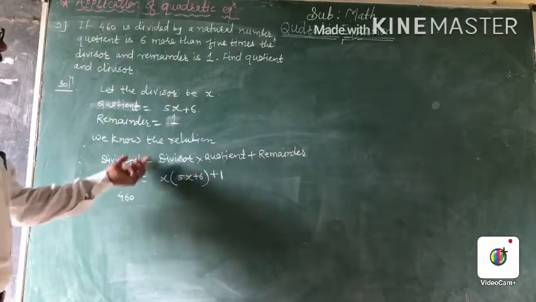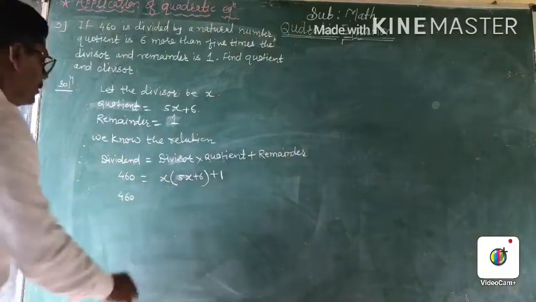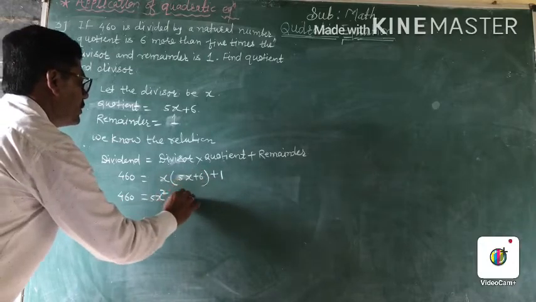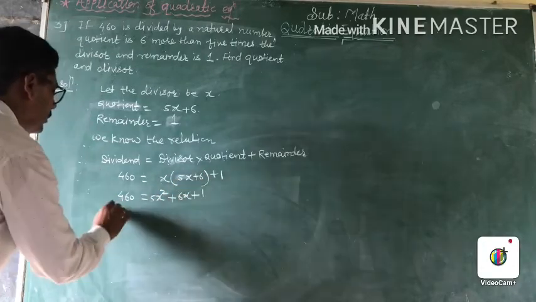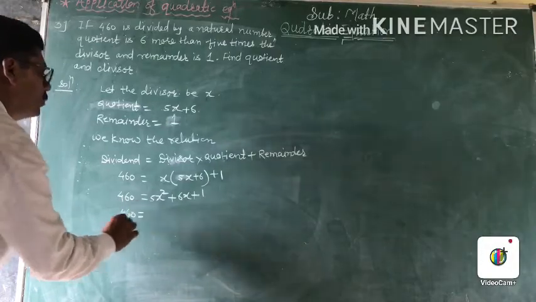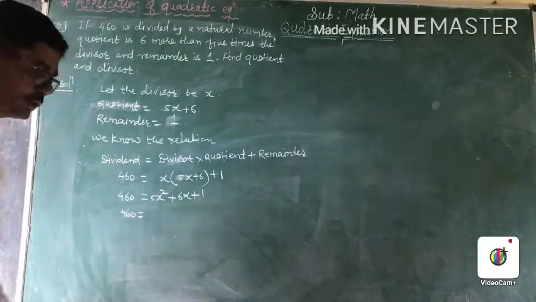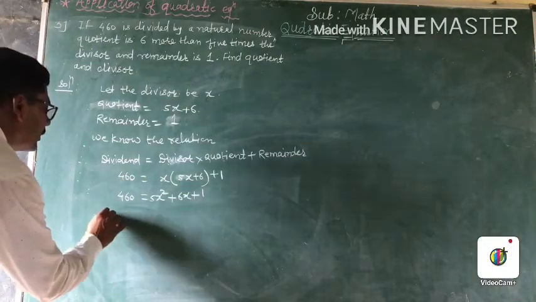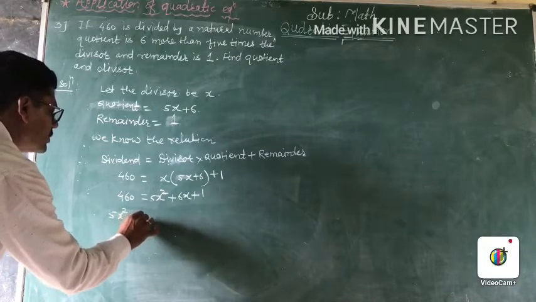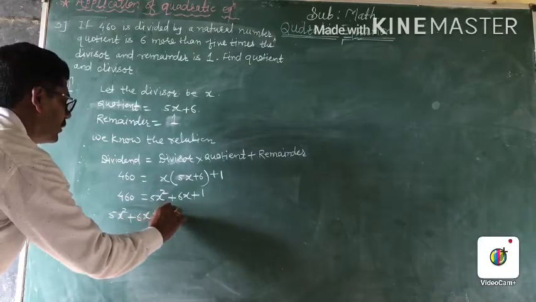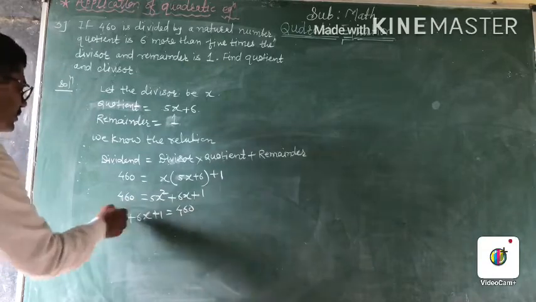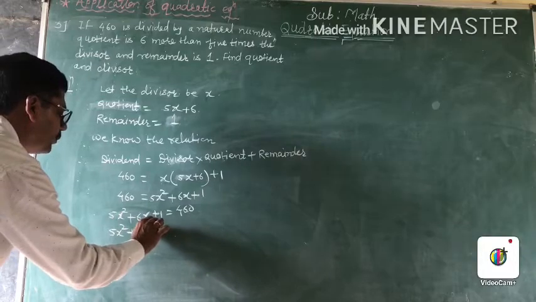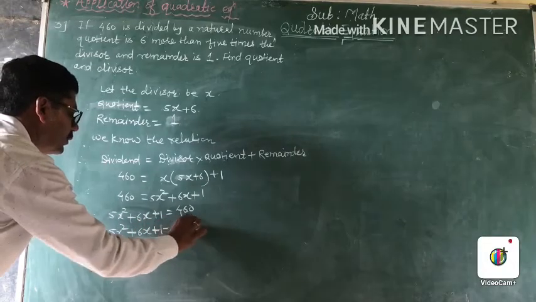From this condition, you get this equation: 460 is equal to x into 5x plus 6, plus 1. Write down the right hand side to the left side: 5x square plus 6x plus 1 minus 460 is equal to 0.